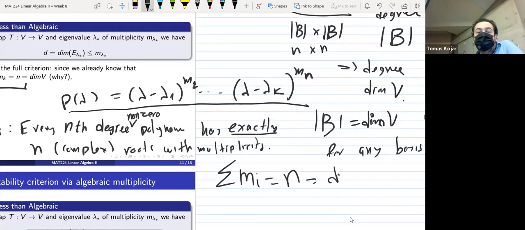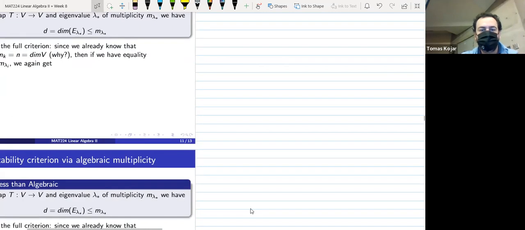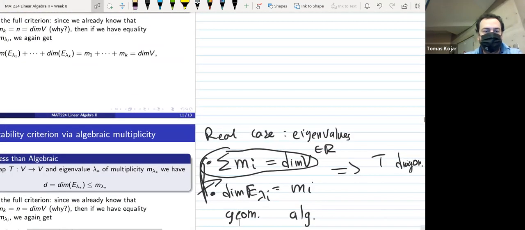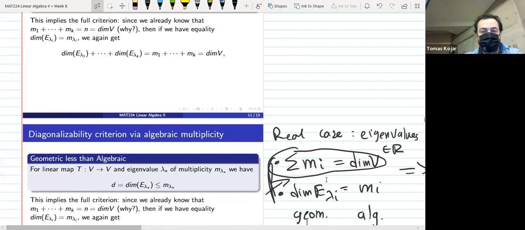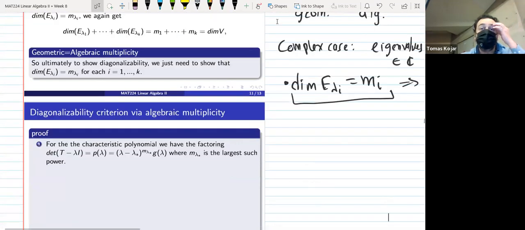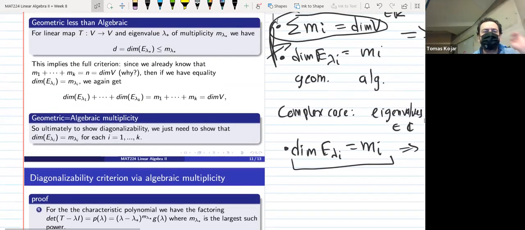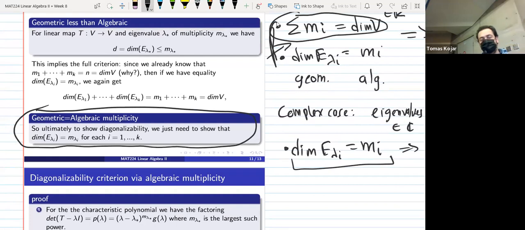So this is the main result. In practice, you are allowed to use complex eigenvalues, so you just have to check that each of the geometric equals the algebraic. The other one you get for free, due to FTA.